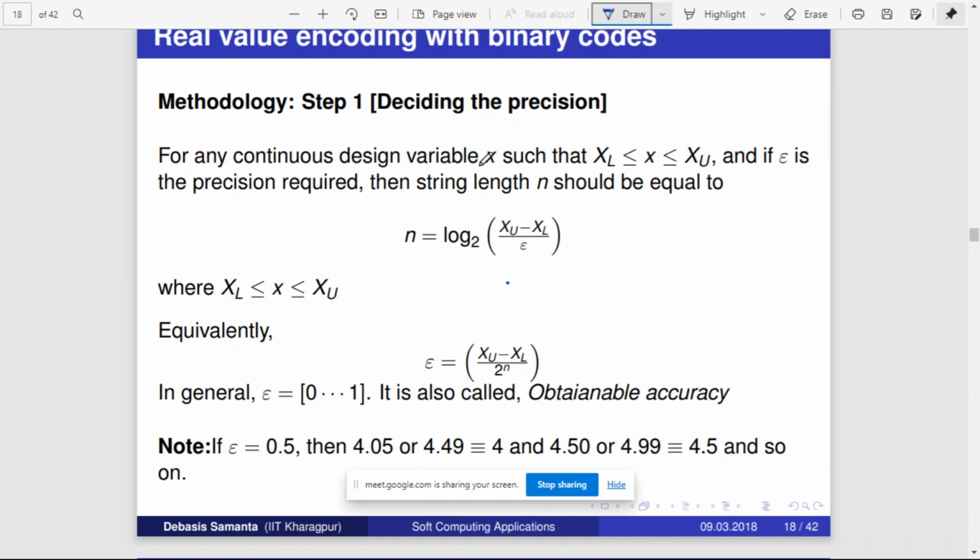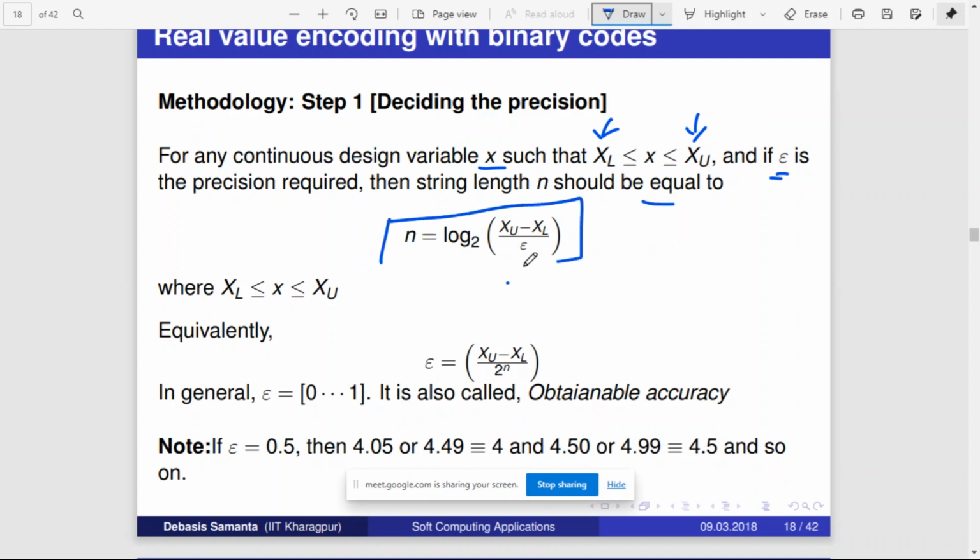So there is a design variable x such that x can lie between xl and xu. This is the lower limit and this is the upper limit. Okay? And epsilon is the precision required. Then the string length n should be equal to this.